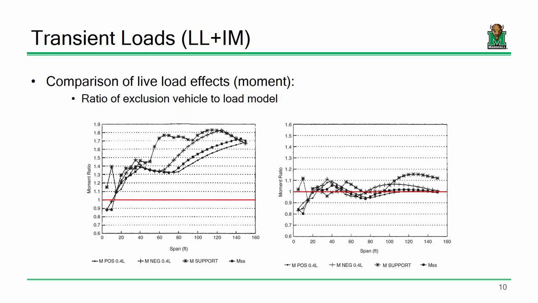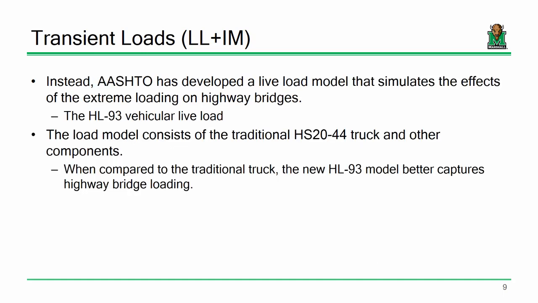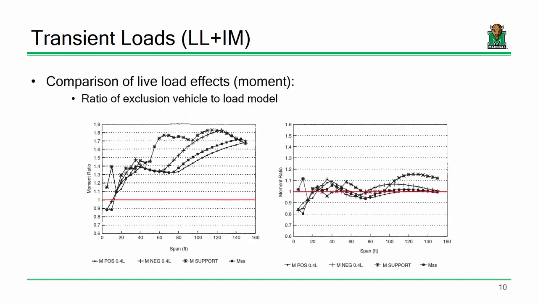So what's going on here on this graph is you've got 2 graphs, one on the left, one on the right. The one on the left is basically showing you what was happening with the bridge code, the specification, before we adopted LRFD. And before we adopted LRFD, we were using this load model, HS2044, that was developed in 1944, okay? And what was happening was this.